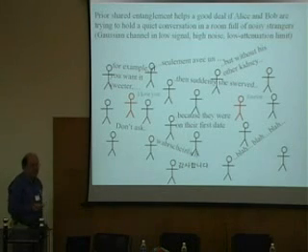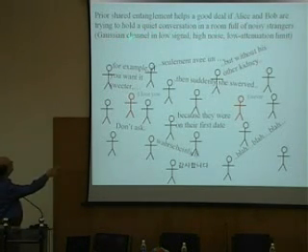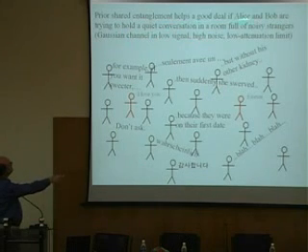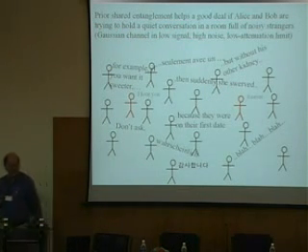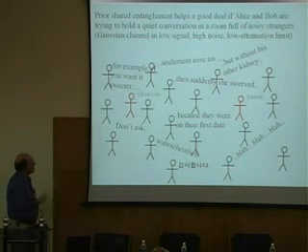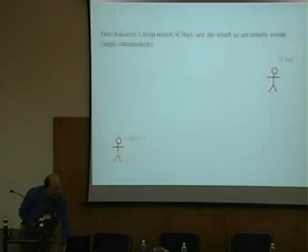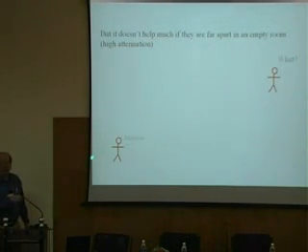If the problem is that it's a low signal and high noise, suppose Alice and Bob are trying to hold a quiet conversation in a room full of noisy strangers. Well, then it helps a lot for them to be entangled. They can communicate despite this very noisy conversation going on around them. However, if their problem is that they are alone in a big empty room and a very weak signal going from one to the other, but not a lot of noise, then the entanglement doesn't help very much.